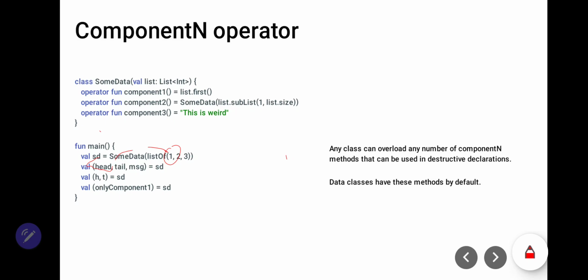And next, tail will include, if you see in here component 2, some sublist of 2 and 3, without element number 1. And MSG will get, you can see in here, not number 3, but MSG will include component 3, this is weird.